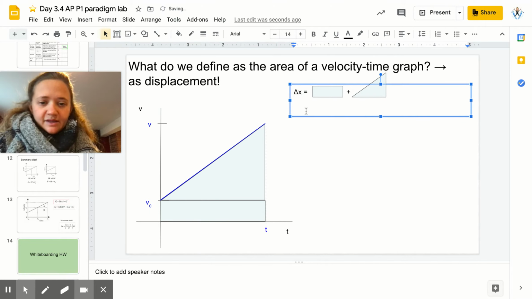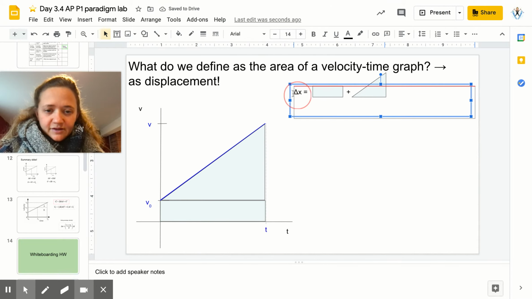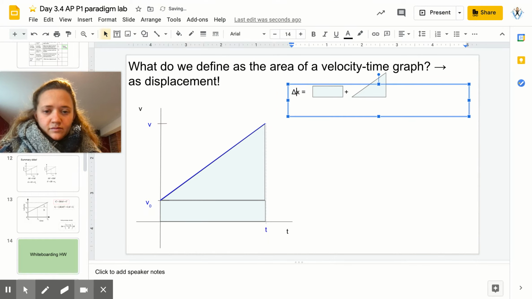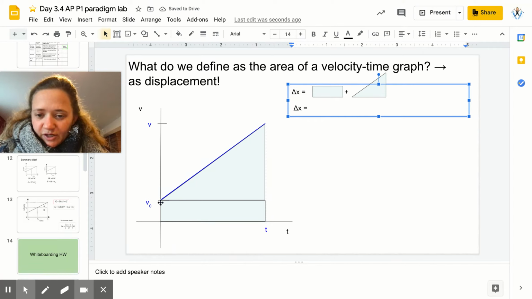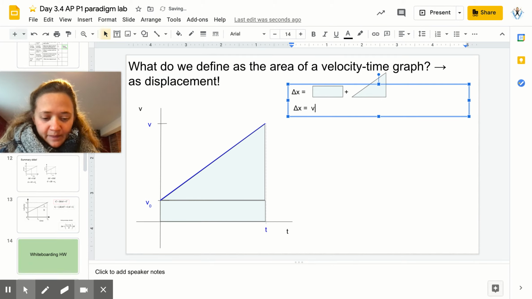So let's calculate the area of our rectangle. Well, it is v naught high. So area of a rectangle, first of all, is base times height. So v0 times, that's our height, times our base, which would be t.